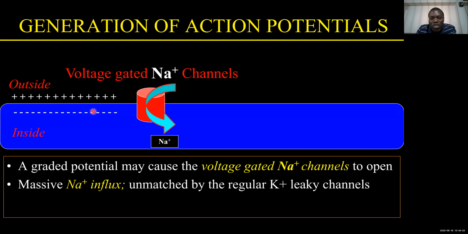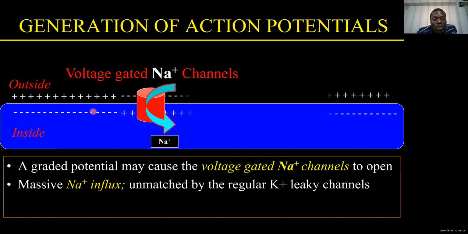Remember, for generation of RMP, we said that the leaky channels of potassium outmatch the leaky channels of sodium, and so polarization overrides. However, if you open voltage-gated sodium channels, depolarization will override, because these channels are very massive, very big, and you've opened them.